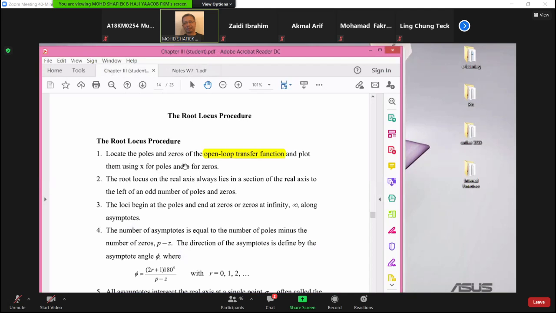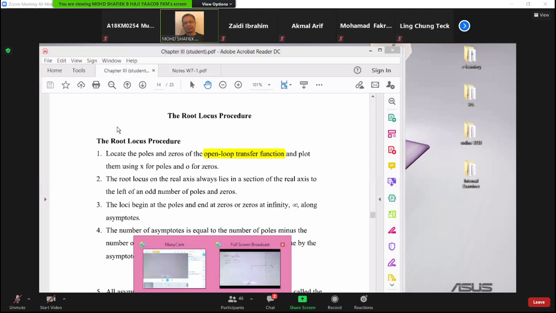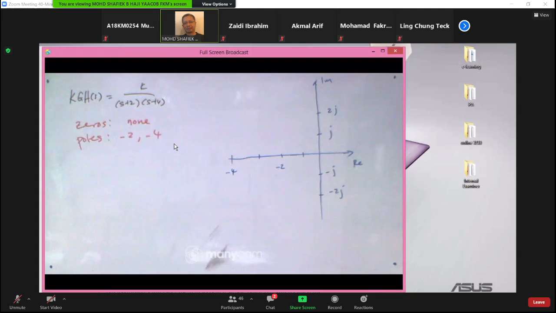Locate the poles and zeros and plot them using x for poles and o for zeros. Since we don't have any zeros, we don't have to plot any zeros. We only have to plot the poles. We have two poles, one at -2, one at -4.